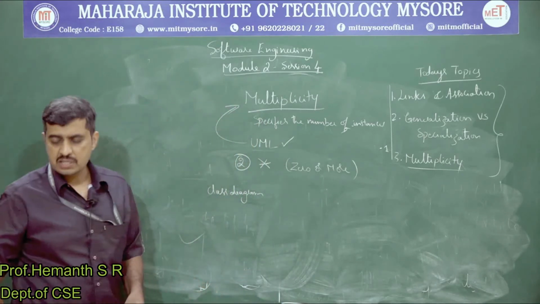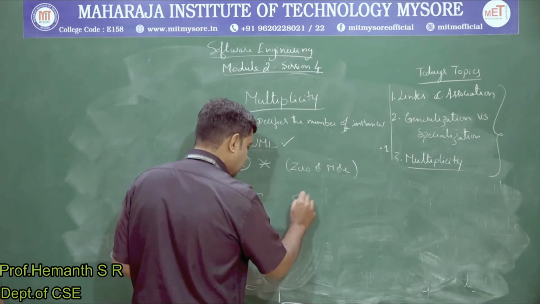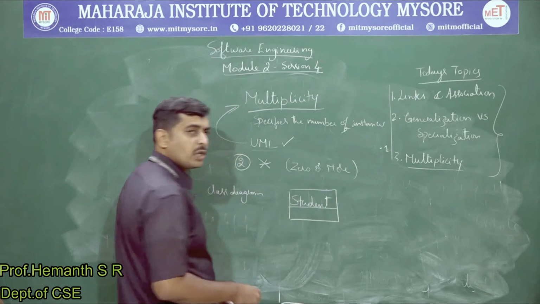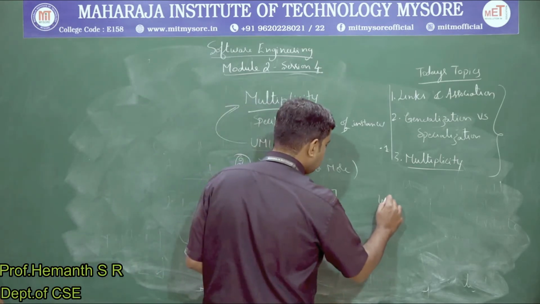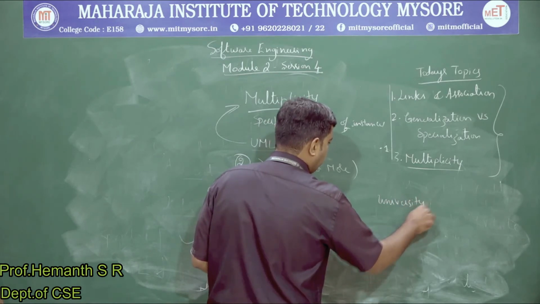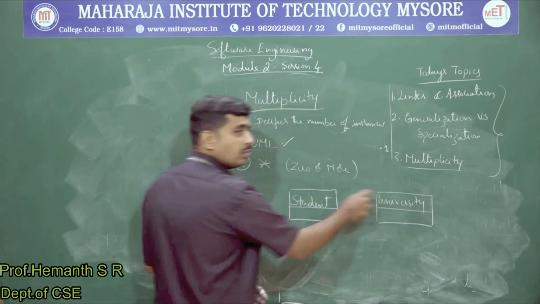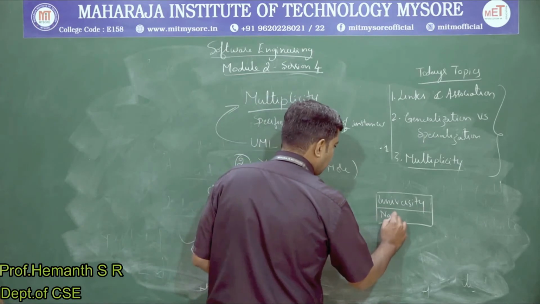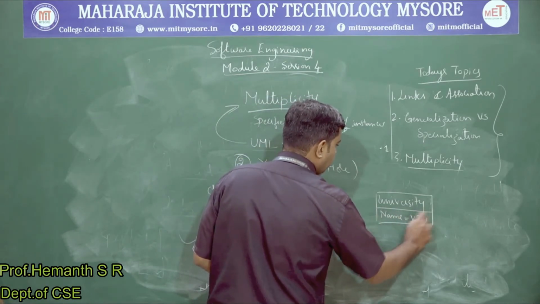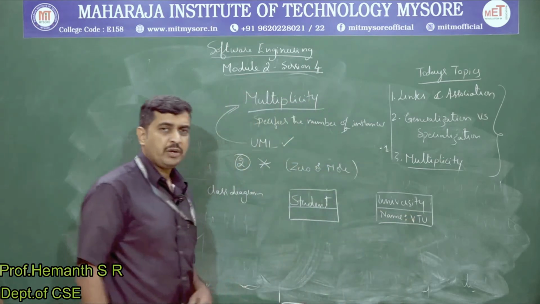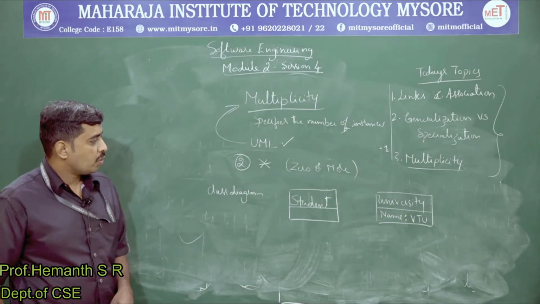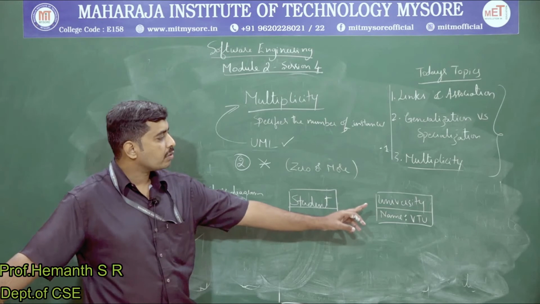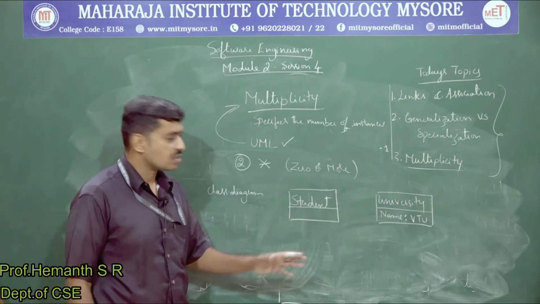Consider this scenario: a student class and a university class. To be more specific, I'll name the university as VTU. Now, how many instances of the student class can be related with the university?